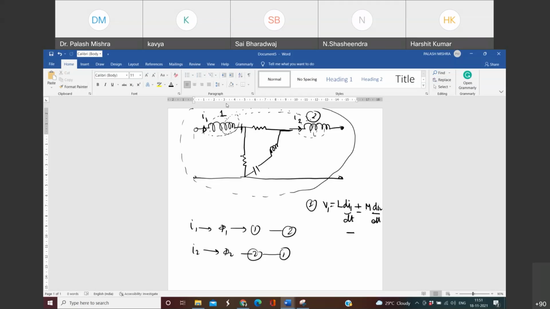Similarly, the voltage across coil 2 will be equal to, I'm sorry, this is L1, this will be L2 di2 by dt. This is because of its self-inductance. And that will be plus or minus M times di1 by dt. Is this clear?